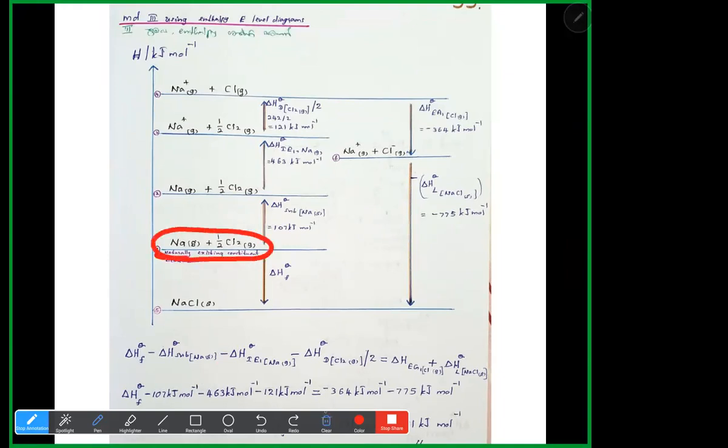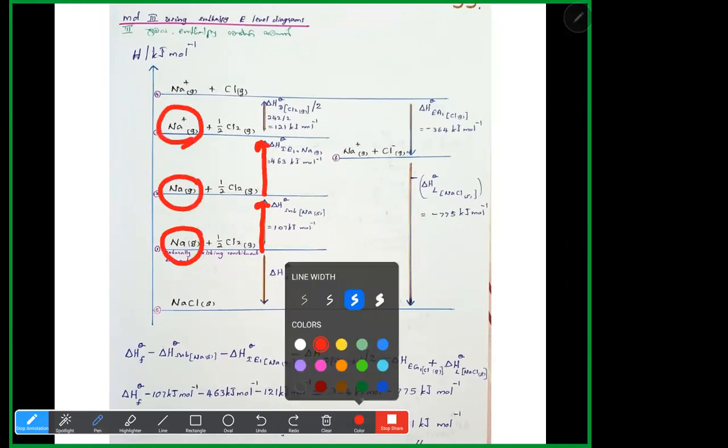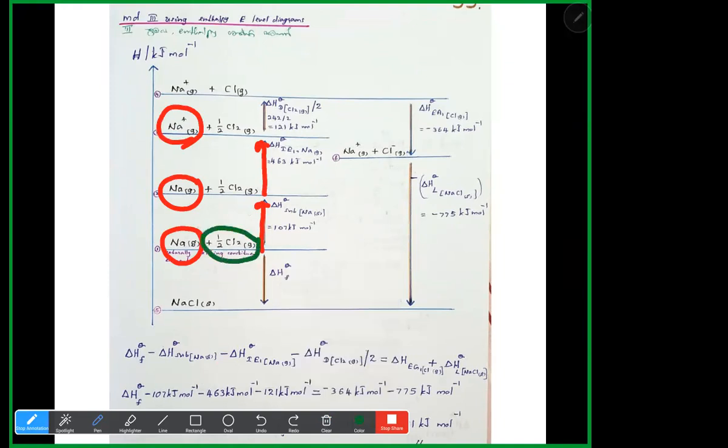Again, I'm starting from this. I'm going with sodium sublimation, sodium first ionization energy, sodium solid to sodium gas to sodium plus gas. All the time, half Cl2 gas is just existing as it is. Now I'm working on chlorine.